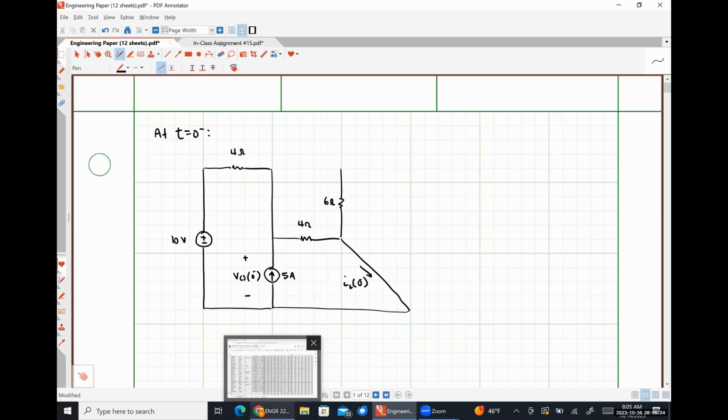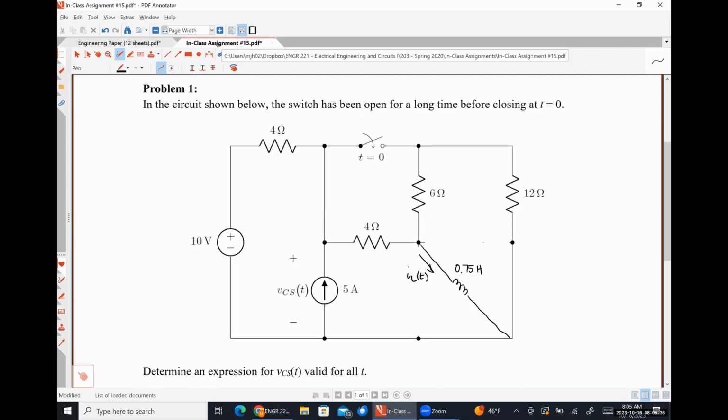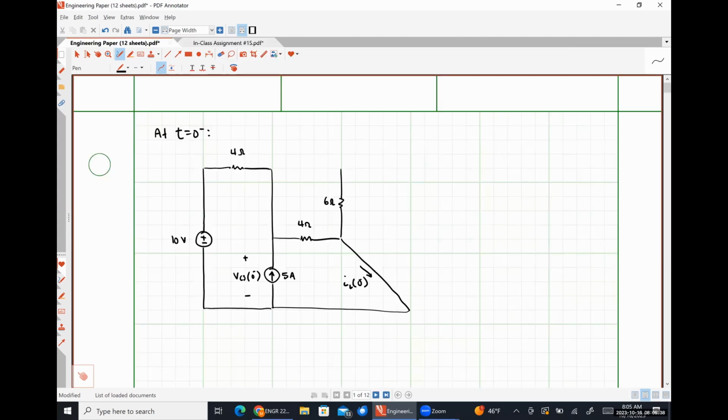And then I believe it's a 12 ohm resistor on the right. All right. And our goal here is to solve for VCS at 0 minus and IL at 0 minus.